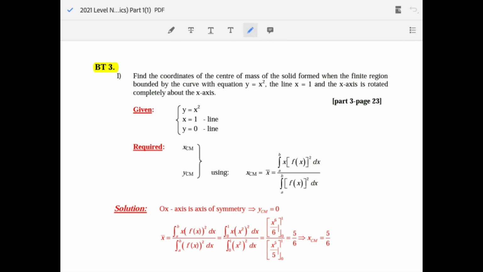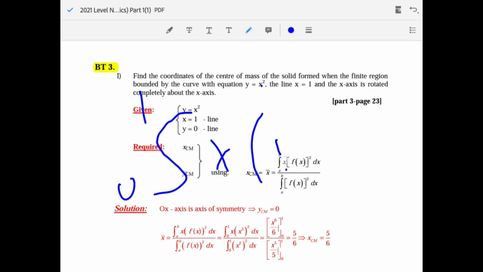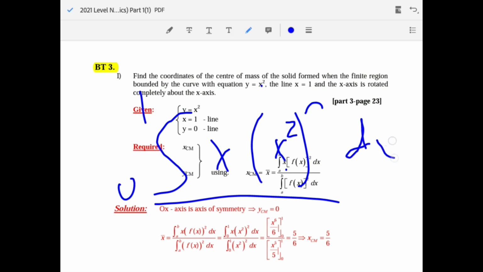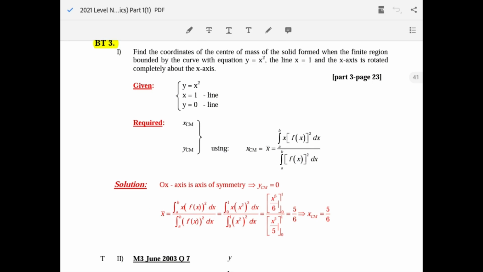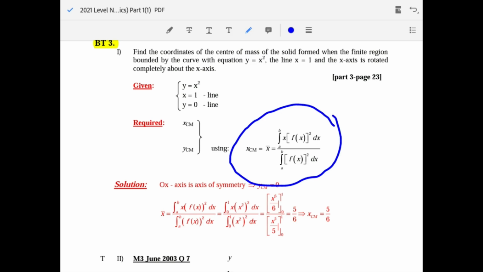So integral 0 to 1 here, x into f of x squared. So x squared, and let's square that, dx over integral 0 to 1 of x squared, and then that squared dx. And when you solve it mathematically, you get 5 over 6. So this is a formula you should know for the exam.